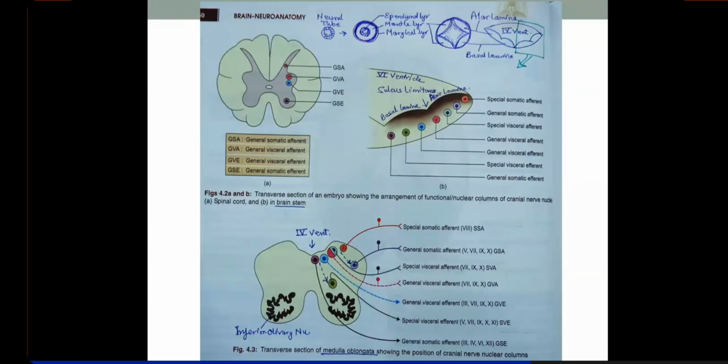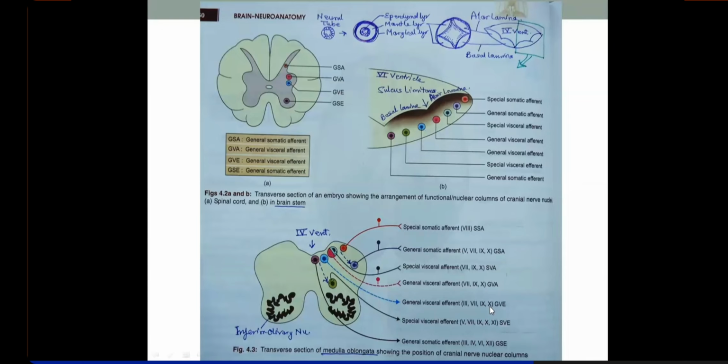Now look here, the postganglionic, you have to have these relay centers, the ganglion. You had 4 named ganglions in the head region, and those were associated with the 3rd, 7th, and 9th cranial nerves. And what was the 10th associated with?